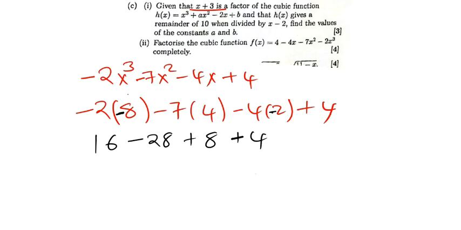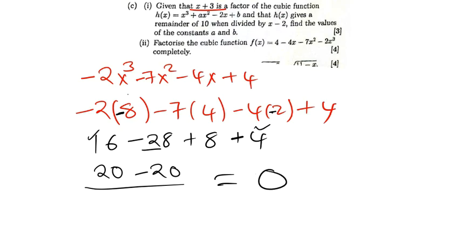This looks close. 16 plus 4 is 20. -28 plus 8 is a -20. So this has worked. It's a 0. So therefore, x is equal to -2 has worked. So if you're writing it in terms of a factor, I would say x plus 2 is a factor.